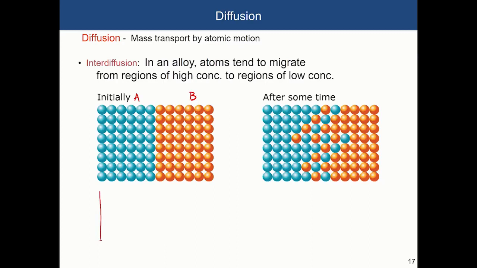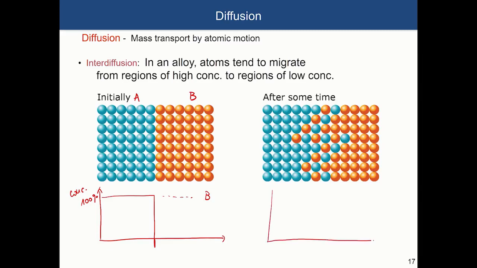So initially we are looking at the concentration of the elements A and B. In the initial state, on the left-hand side, 100% of the material will be A, and it drops to 0 at the interface between A and B. On the right-hand side, the concentration of B is 100%, and it drops. So the question is, if you merge these two materials together, and after some time, or if you increase the temperature, what happens?